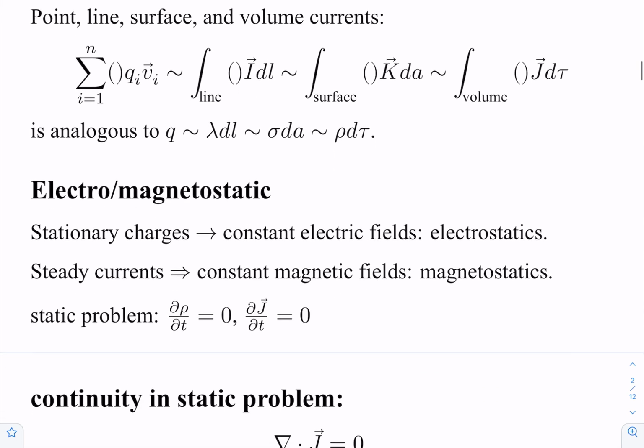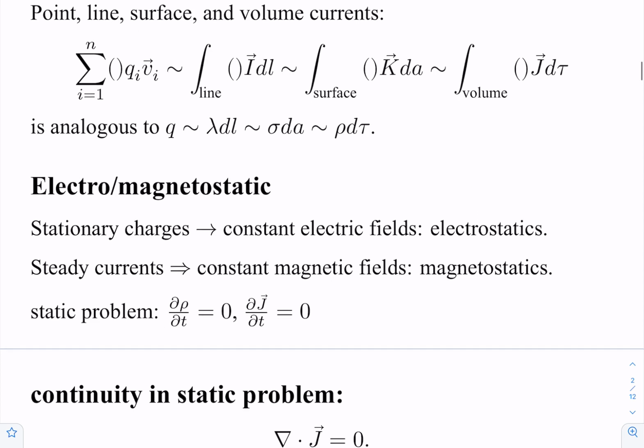Now, if you compare the electrostatic and the magnetostatic case, for the electrostatic case, we require the stationary charge. This means that it produces a constant electric field.